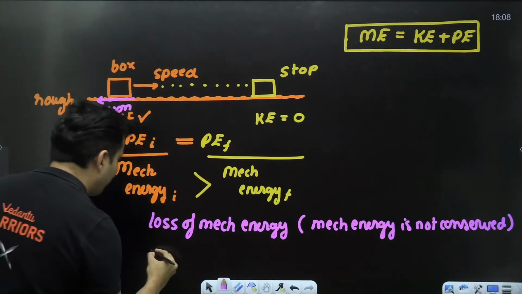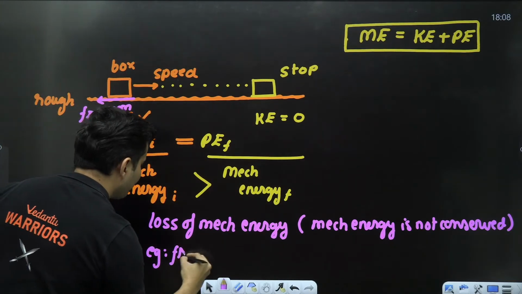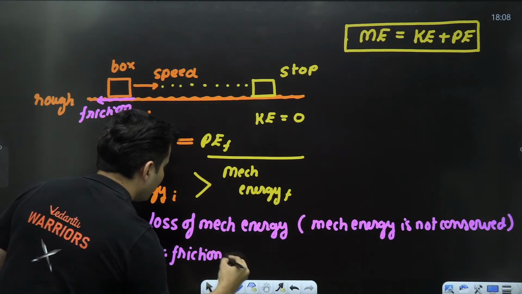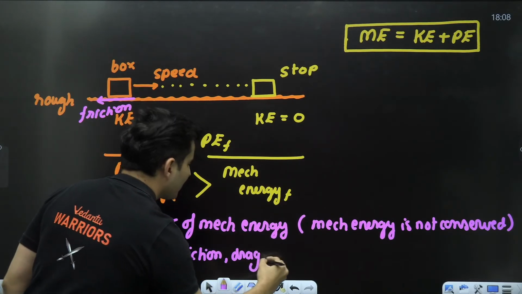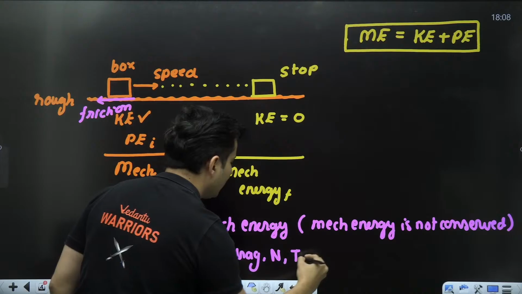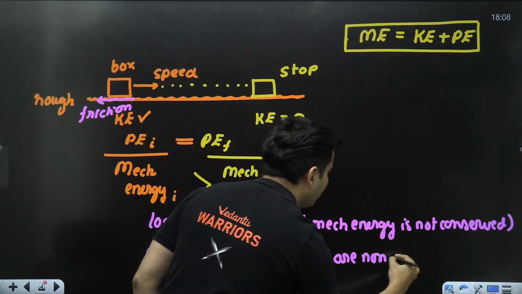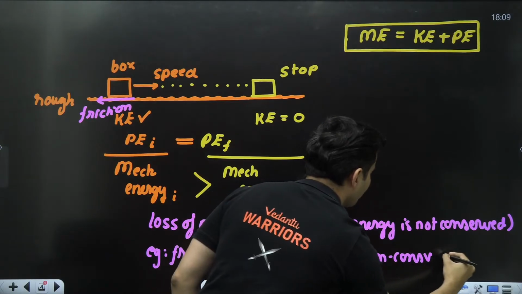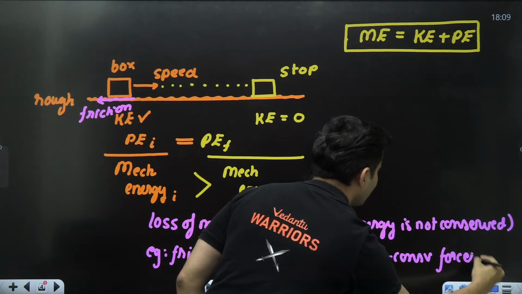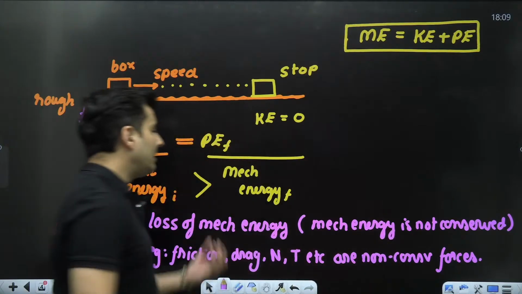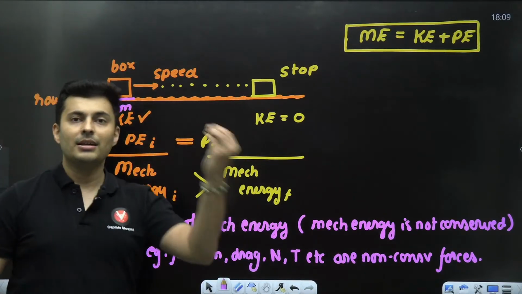So examples are friction, drag force, viscous force, normal, tension, etc. These are said to be non-conservative forces, because they do not let the mechanical energy be conserved.